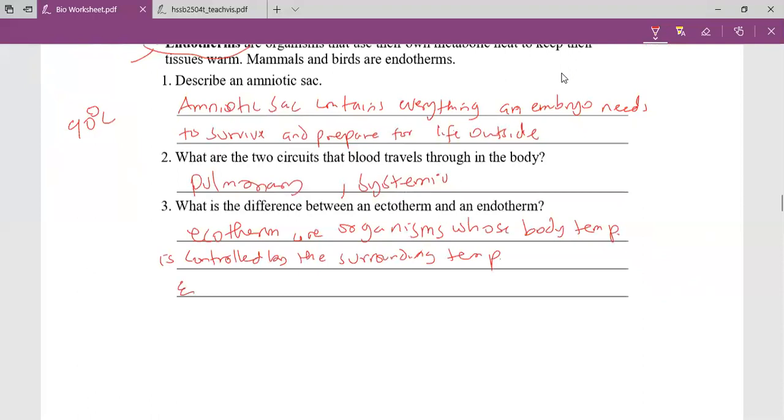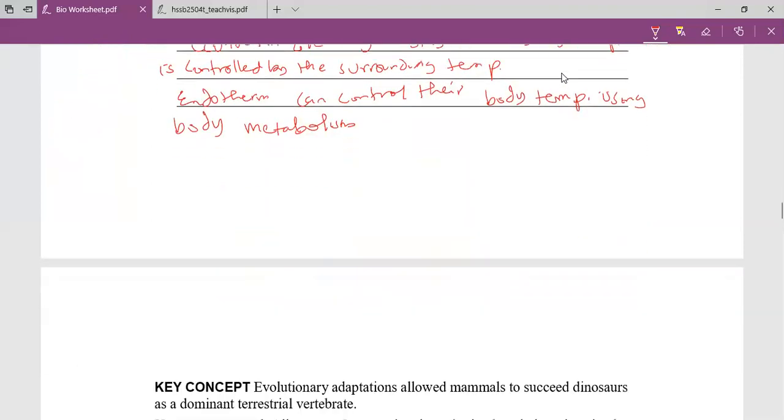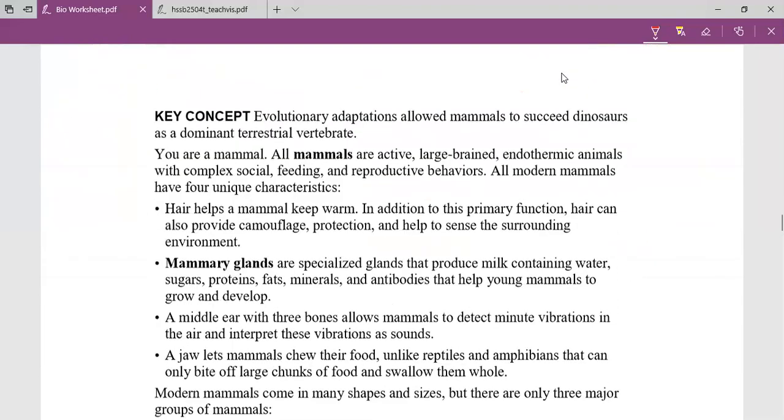While endotherms can control their body temperature using the body's metabolic activities, using body metabolism. It's not compulsory you write exactly my answer, but let the information be the same.